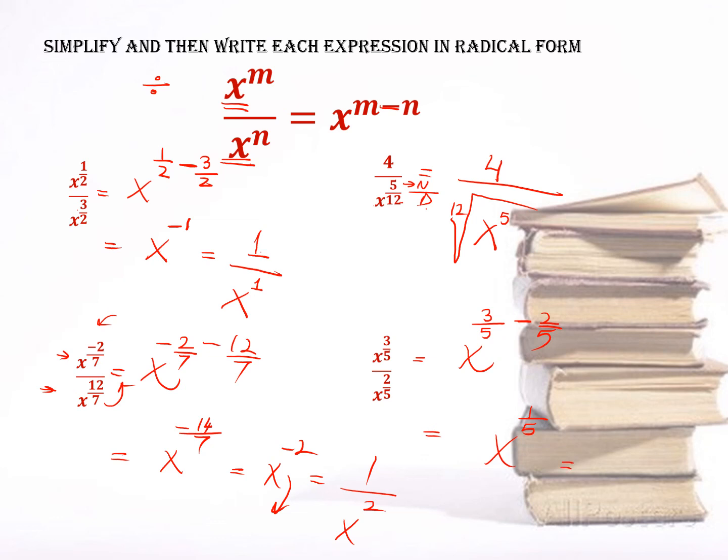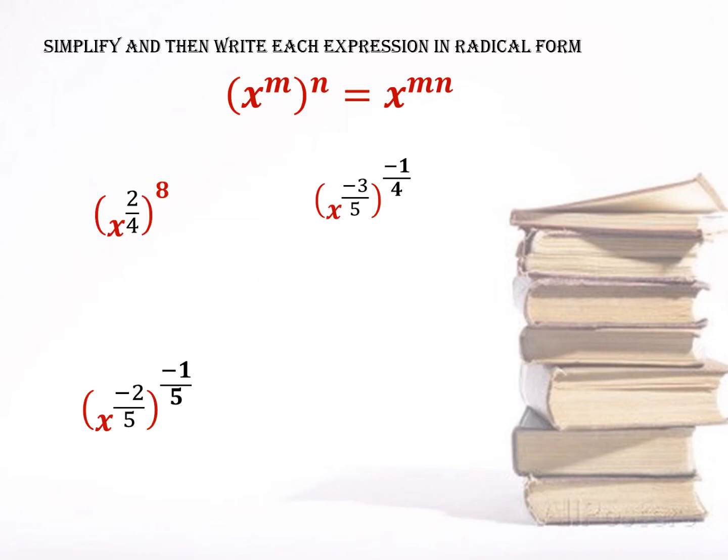Now change into the radical sign. In the radical sign, the index is always the denominator of the power. That means 5, and x having a power 1 under the radical sign. So if you practice more, you will understand, and your speed will be faster and you will do it easily.